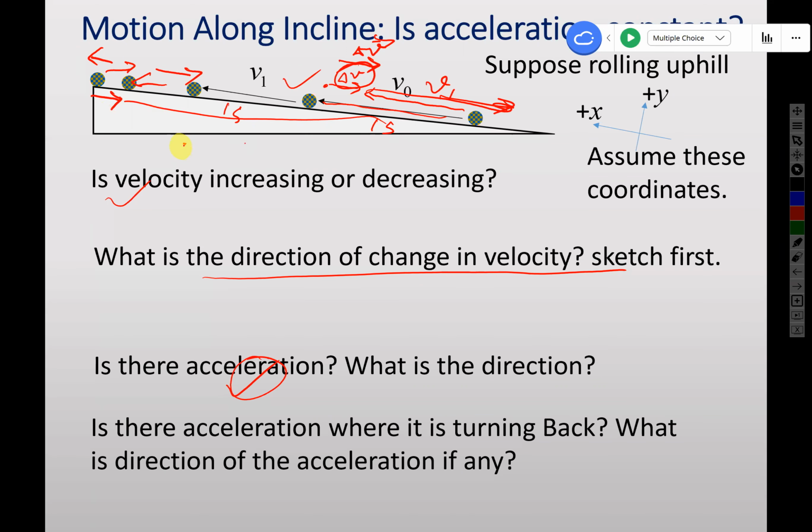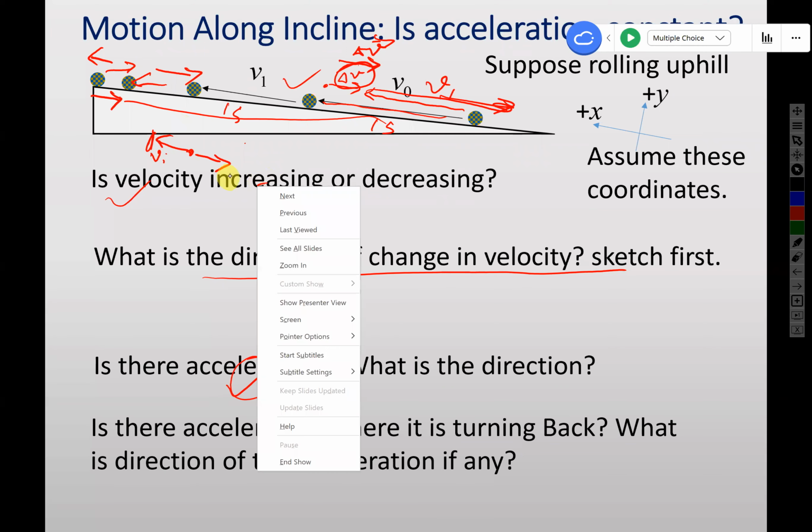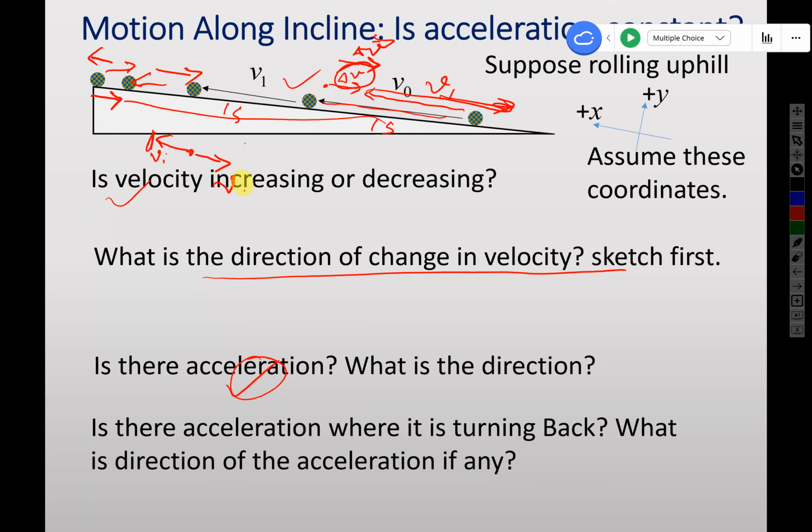If we were to find the change by drawing it, this is going to be the initial, let's say Vi, for that change, okay? And this is going to be final. Means I have to start drawing from here and go to that.